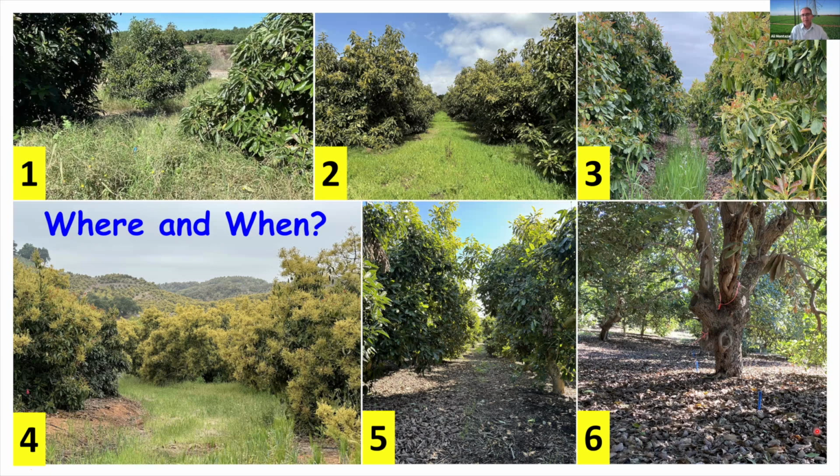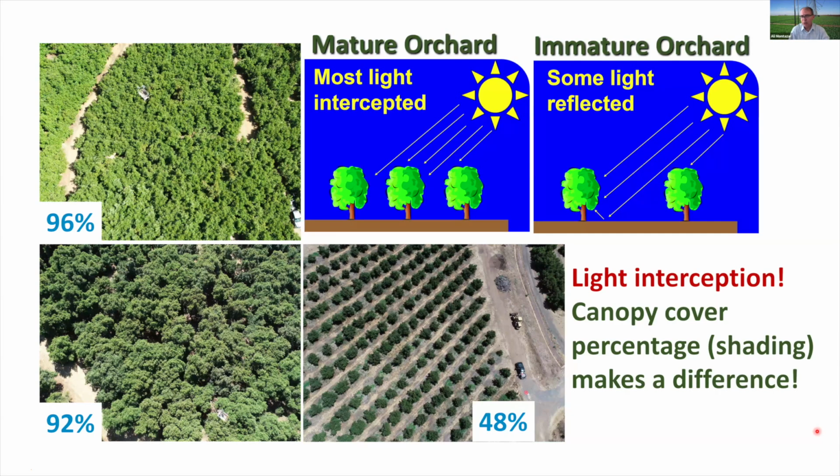Are we talking about a mature orchard, where most of the light from the sun is intercepted, or an immature orchard, where some of the light is also reflected? The canopy cover percentage has a significant impact on light interception. With higher canopy coverage, we expect a higher evapotranspiration.